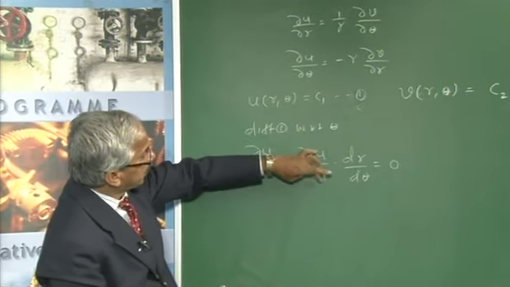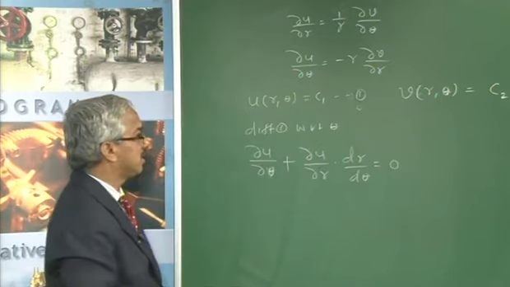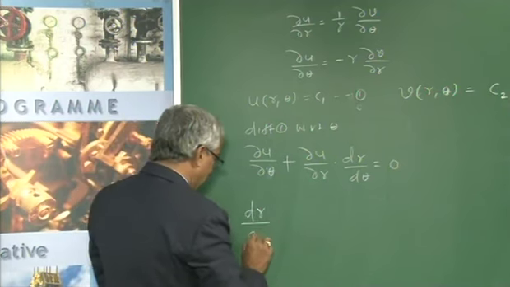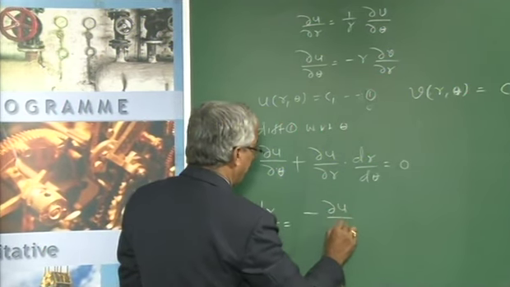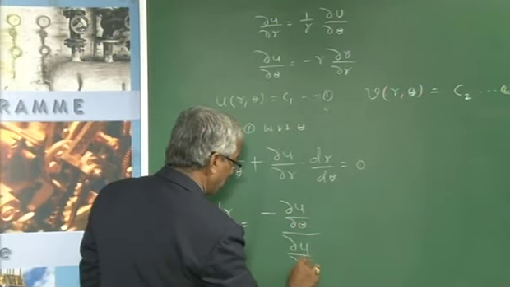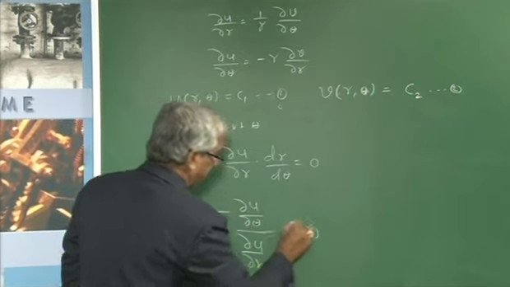Here u with respect to r means keeping theta constant, and r with respect to theta is an ordinary derivative. Therefore dr by d theta is equal to minus dou u by dou theta divided by dou u by dou r, and I can call this 3.